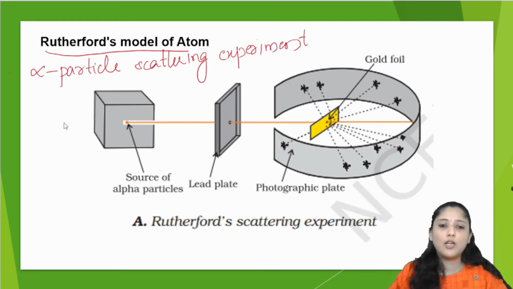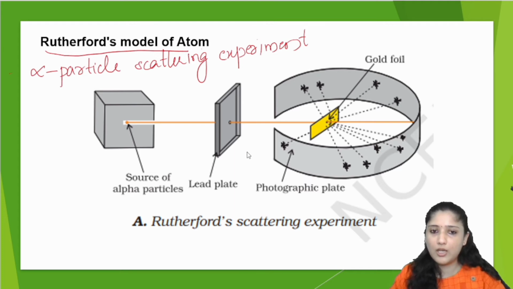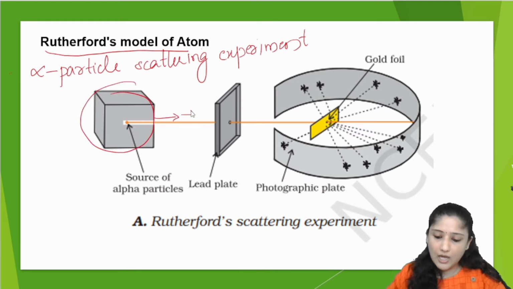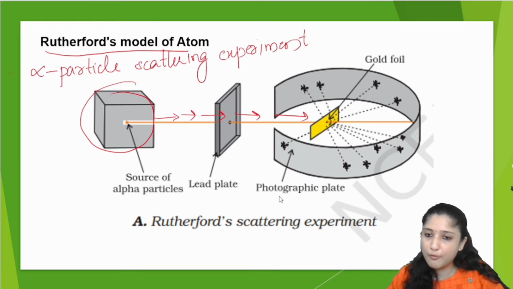Let us look at what he did. He passed high energy alpha particles from a radioactive source to a gold foil. This is the source of alpha particles. The gold foil is surrounded by a photographic zinc sulfide screen.